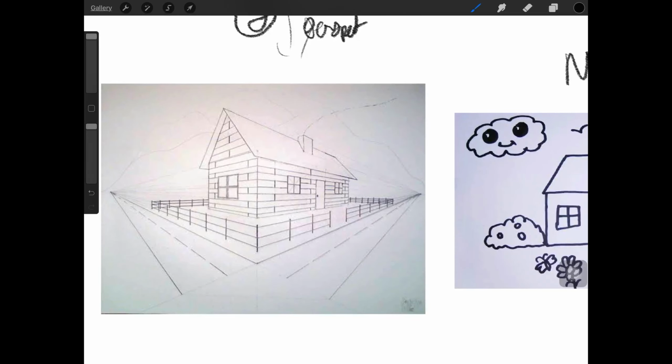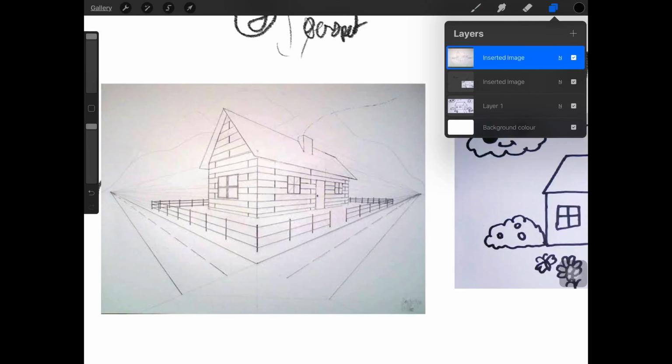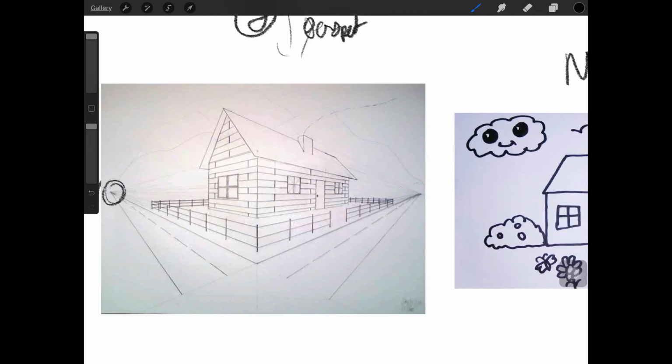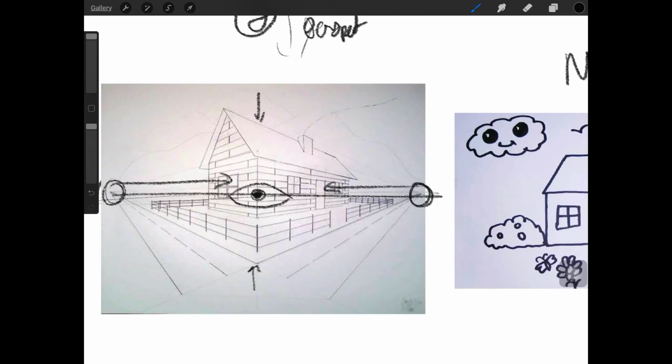There are two vanishing points here, a horizon line, and your eye is just here looking at it. You can see stuff from this direction, you can see stuff from this direction, but not from above or below, because your eye level is at the horizon line.